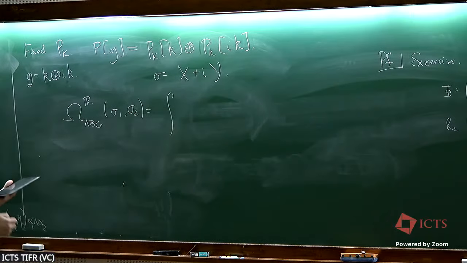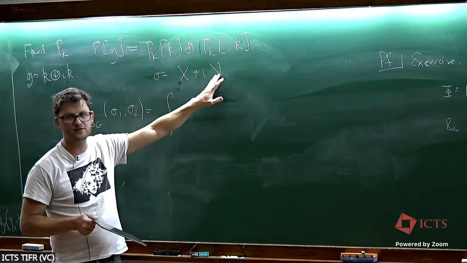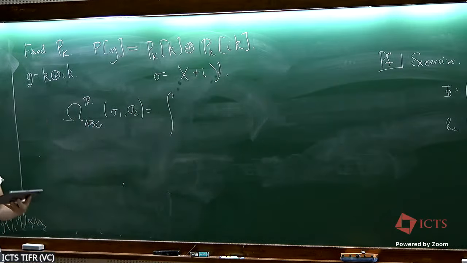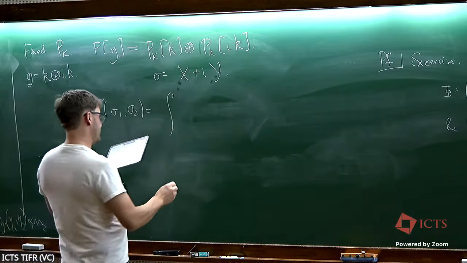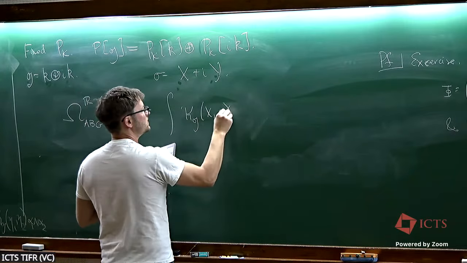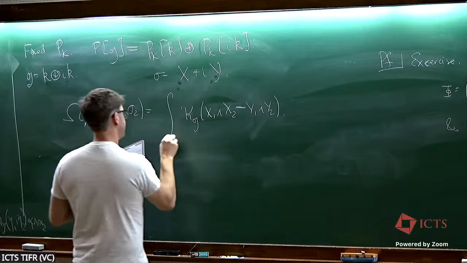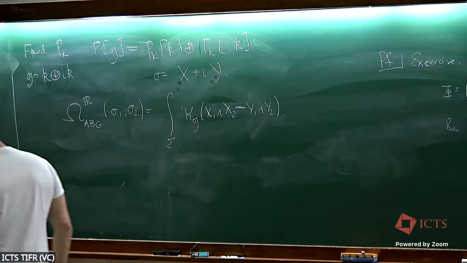Well, you just use the x's with themselves and the y's with themselves, but you get a minus sign because i squared is minus 1. Okay, so that's kg x1 wedge x2 minus y1 wedge y2. Okay, good.